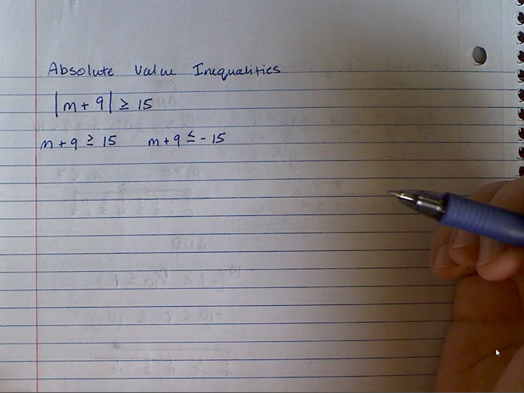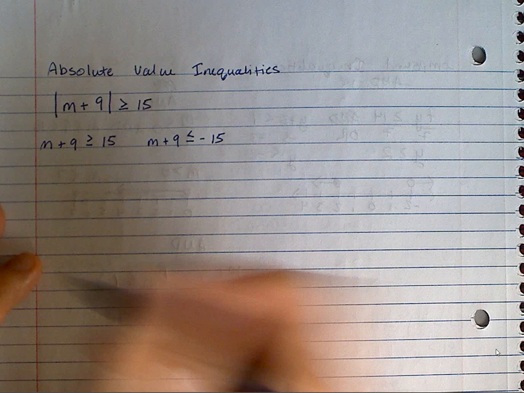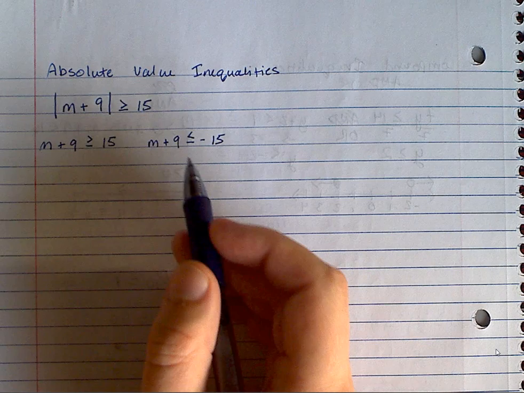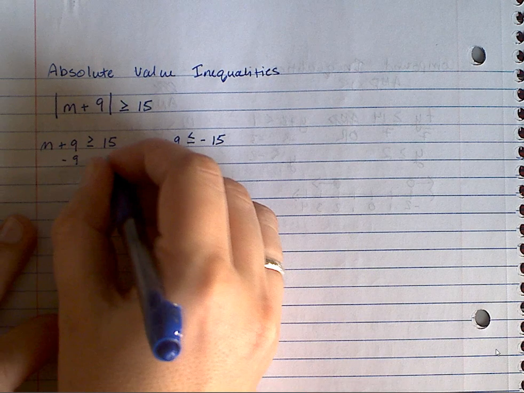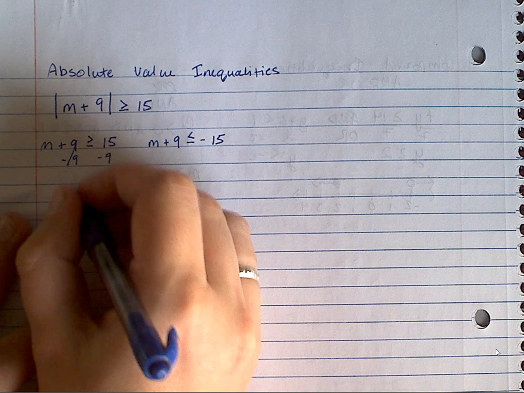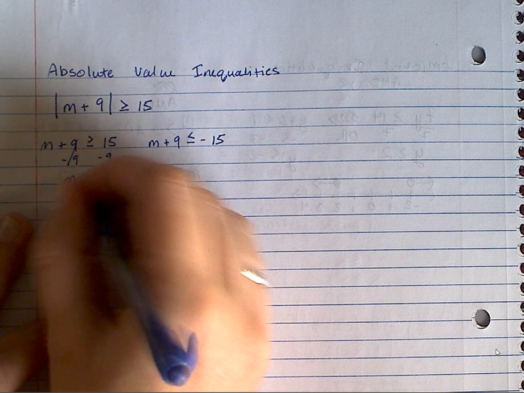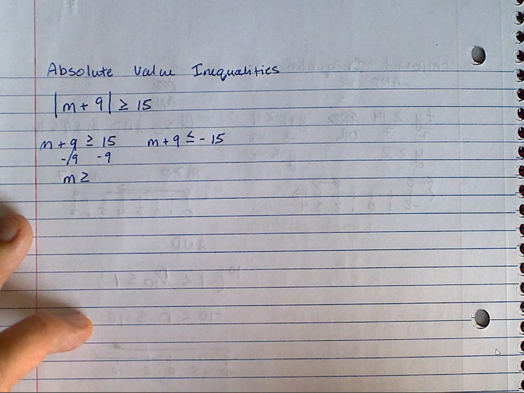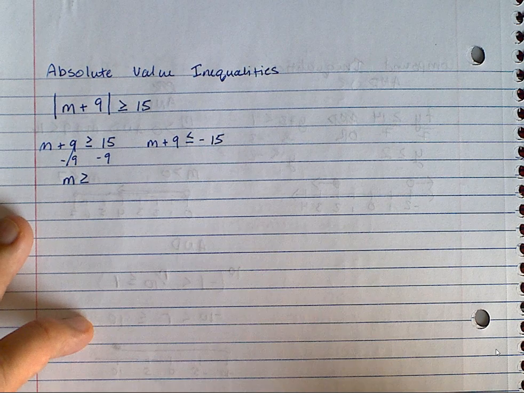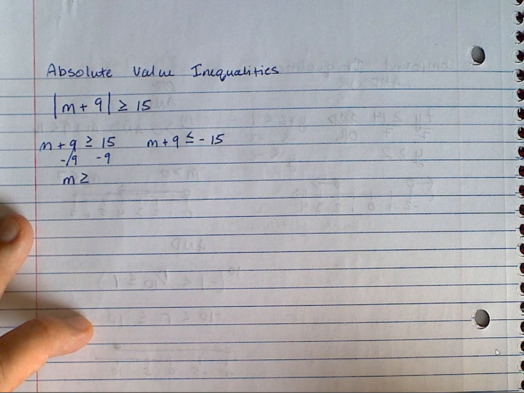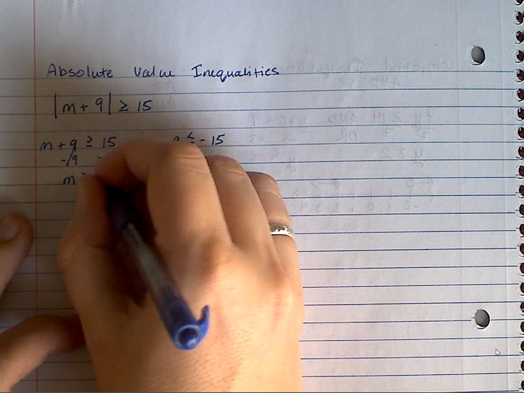And then from here, it's the same thing I've been doing. I'm just going to solve these two inequalities, and I solve them both the exact same way. On the left-hand side, I would subtract 9 from both sides. This is going to be m greater than or equal to 15 minus 9, which is 6.